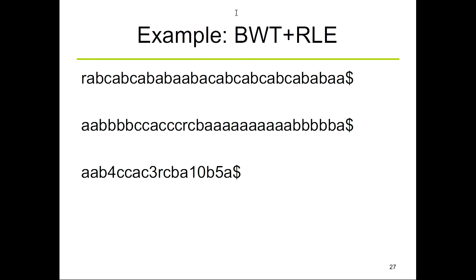Now, to make things even better, I'll give you a preview. After week 3, there will be a week 4, which is on search. We'll tell you how to search such that if I want to search for how many CAB in the original text, I can look at the second line and tell you how many CAB in constant time.